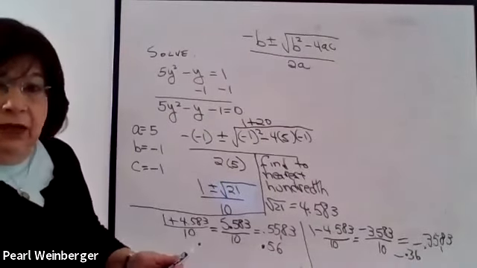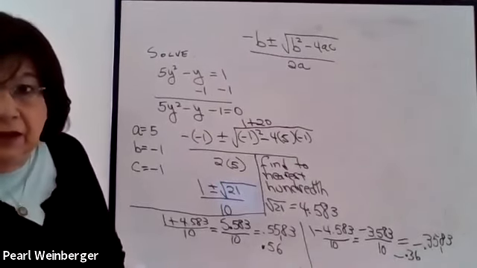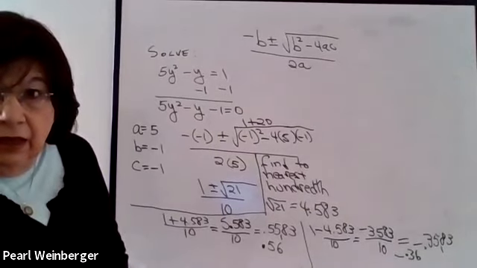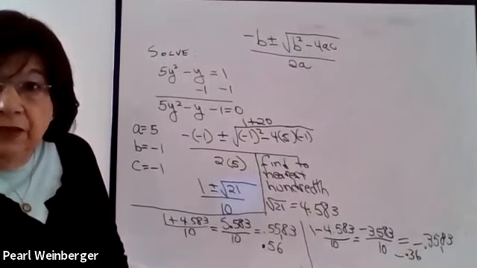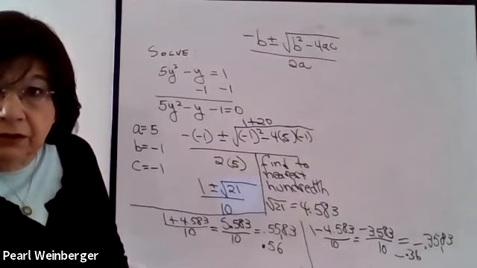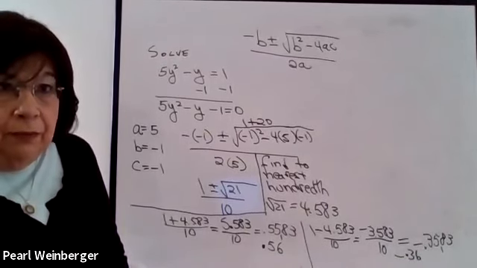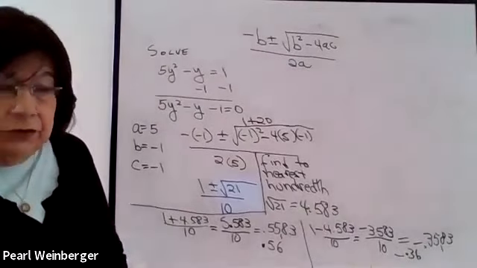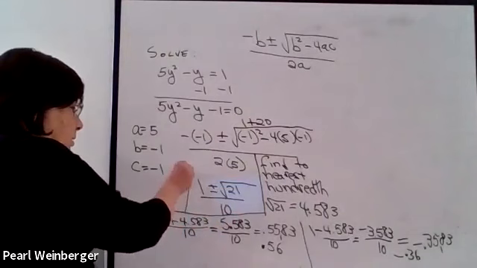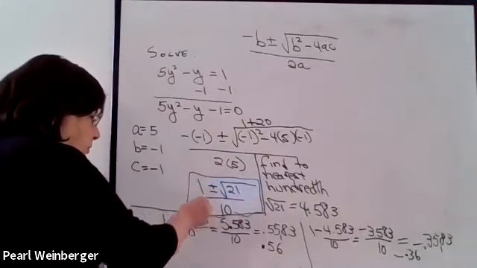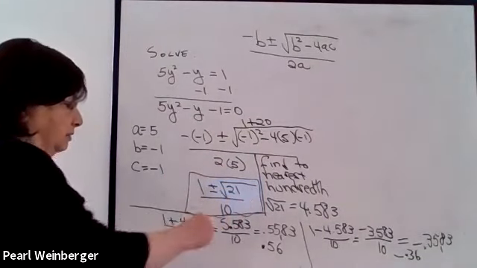You're more likely to have to do something like this in a science course than in a math course. In a math course, we really are perfectly happy to have the answers in radical form. But every so often, you're asked to do something in decimal form.